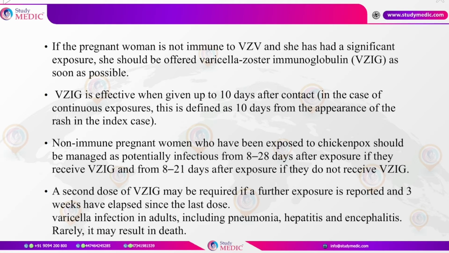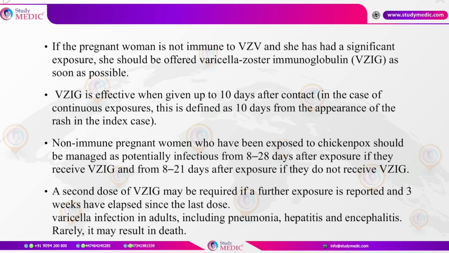In a case of continued exposure, this is defined as 10 days from the appearance of the rash in the index case. A non-immune pregnant woman who has been exposed to chickenpox and has taken the immunoglobulin is considered infectious for 8 to 28 days. But if she doesn't take immunoglobulin, then it is 8 to 21 days.